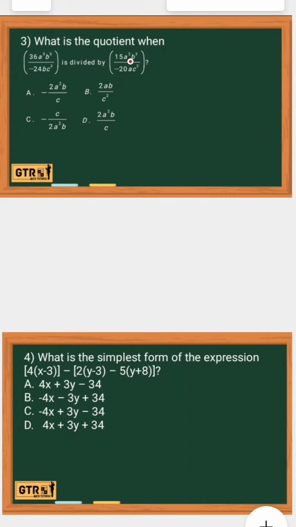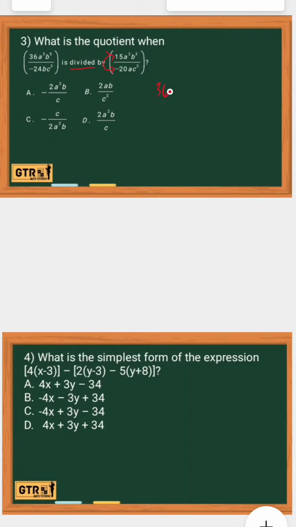So in dividing fractions, all we have to do is change the symbol of division to multiplication, then get the reciprocal of the divisor. So reciprocal na ito, ibig sabihin interchange lang natin ito. Tapos from division, gagawin nating multiplication. So idiretso na natin. So therefore we have 36.